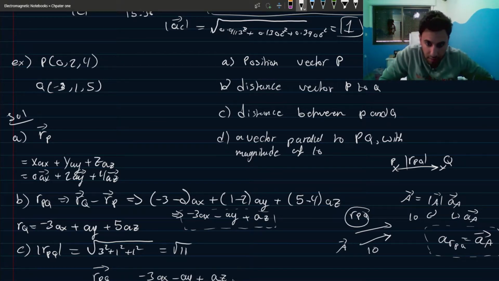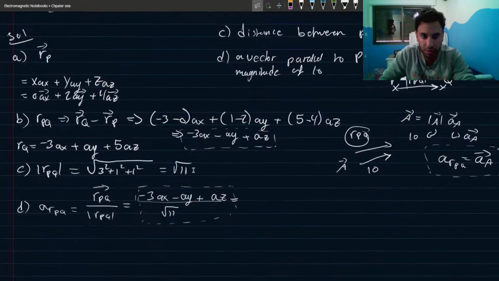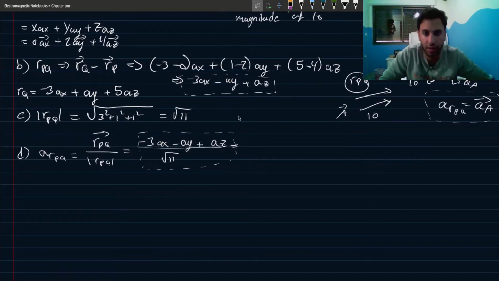This will be equal to a_RPQ. I'm going to keep it as it is. Let's scroll down. Okay. And this will be equal to a_A.